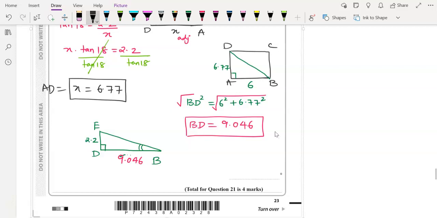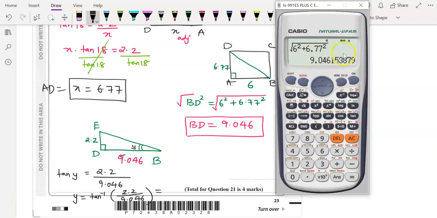To find the angle, call this y. So tan y is the opposite, 2.2, divided by 9.046. To find the value of y, take the tan inverse of both sides. So y equals tan inverse of 2.2 upon 9.046.